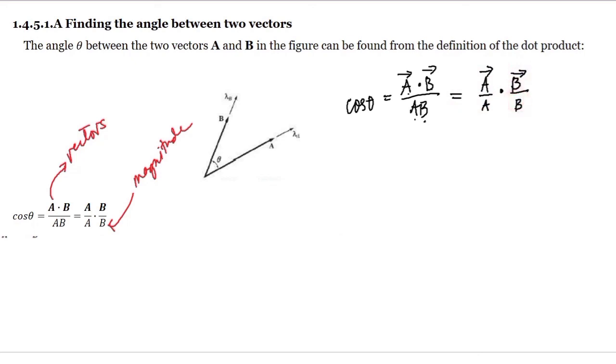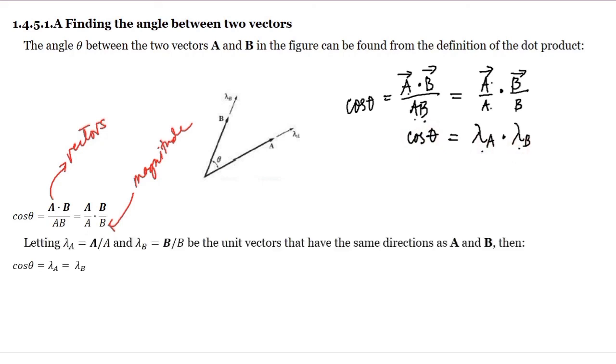So if we let this vector A over its magnitude be lambda A, and this vector B over its magnitude be lambda B, as the unit vectors that have the same direction as A and B, then we can say that the cosine of theta is just lambda A times lambda B.